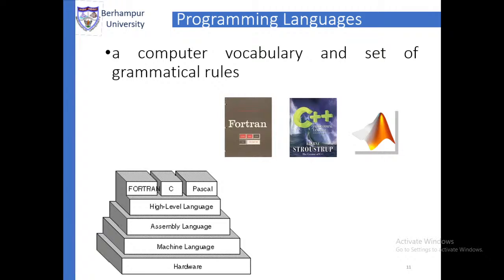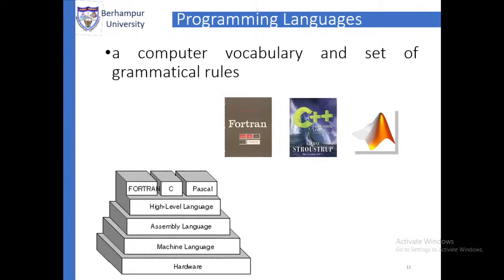These vocabularies have particular rules. For example, I am saying a sentence, I am going. In this sentence, I is a noun, am and going are verbs, so it has a noun and verbs. These are arranged in a particular manner.